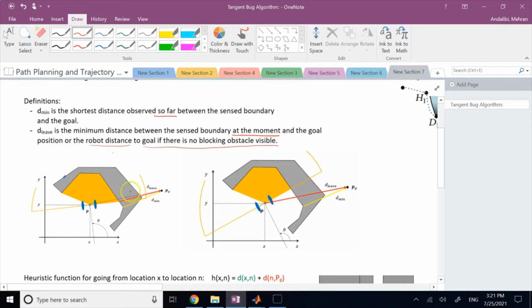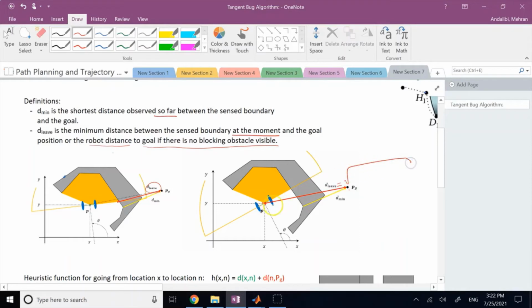So one way is defined between the current sensed boundary and the goal. The other way is directly from your robot, not the boundary, to the goal if there was nothing on the way. So if I could fly over this obstacle and directly go to the goal, that's d leave, right? So here I'm using different points.